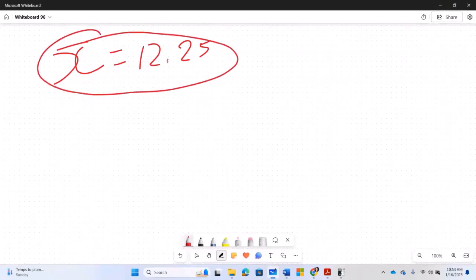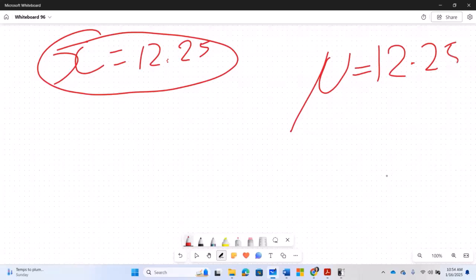Well, the question says find the population mean. Please note that population mean is mu. Therefore, you are the one using the calculator. You will say that population mean is 12.25. The sample mean is X bar, 12.25, but this is not a sample.